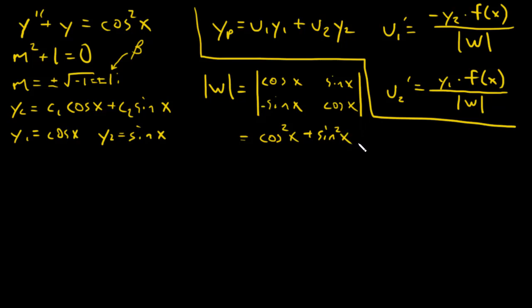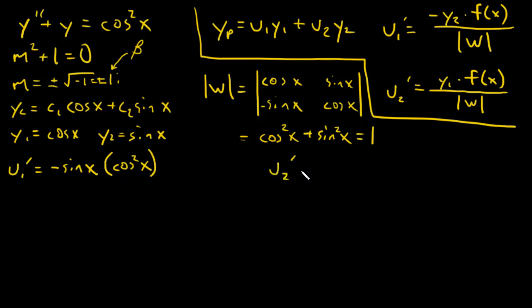Well, we know what that is, right? That is 1. So the Wronskian is 1, which means we're dividing by 1, and it's not going to change what's up top. So now we have u1 prime is equal to negative y2, so negative sine x times f of x, which is cosine squared x.